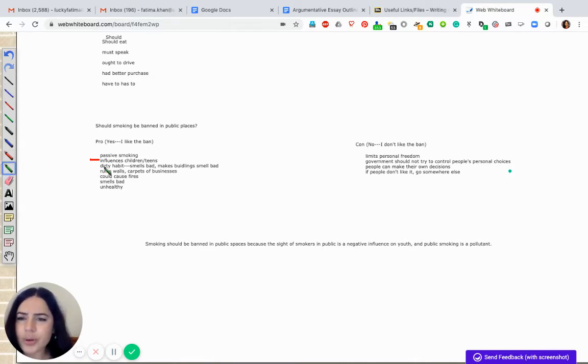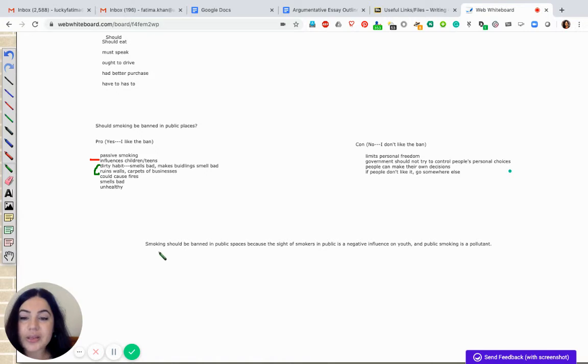I will also go with these ideas here that it's dirty, that it's polluting. It makes our clothes and hair dirty when we walk through a place where people smoke regularly, and it also makes the walls and everything dirty.